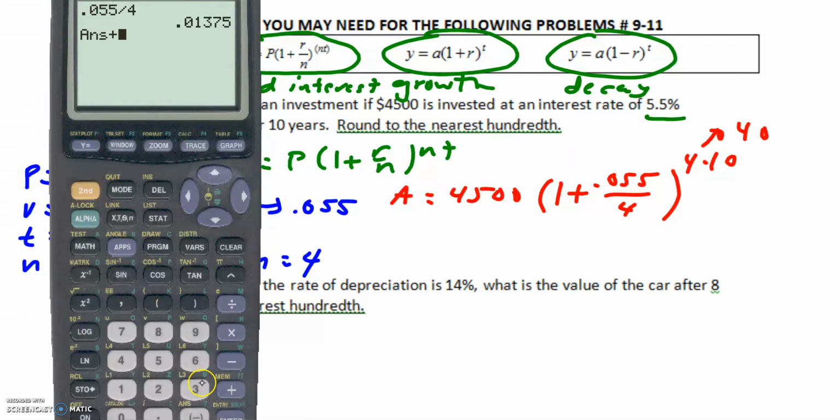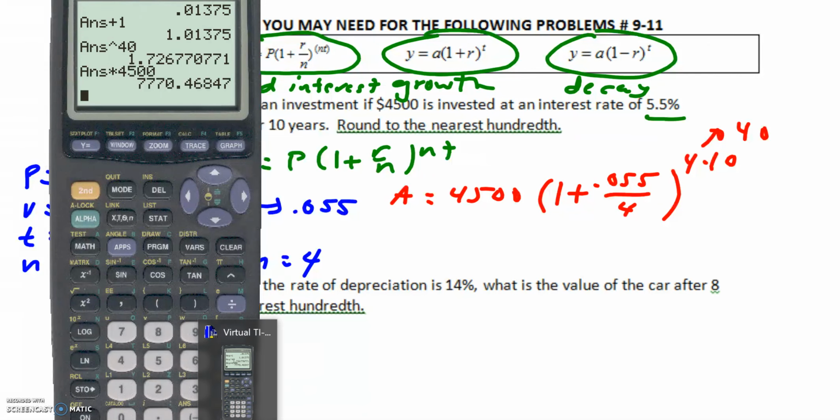And then I would add 1. And then without rounding at all, I would raise that with a little caret to say answer raised to the 40th power. And then I would multiply all of that times 4,500.